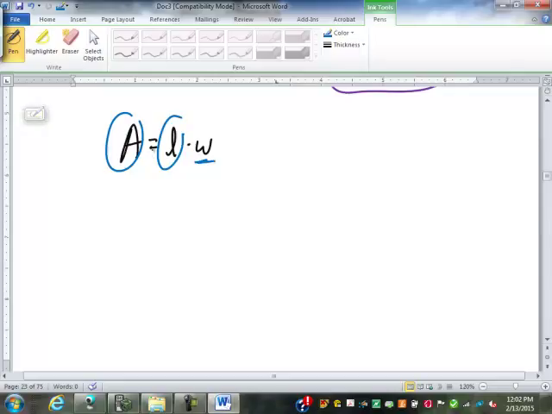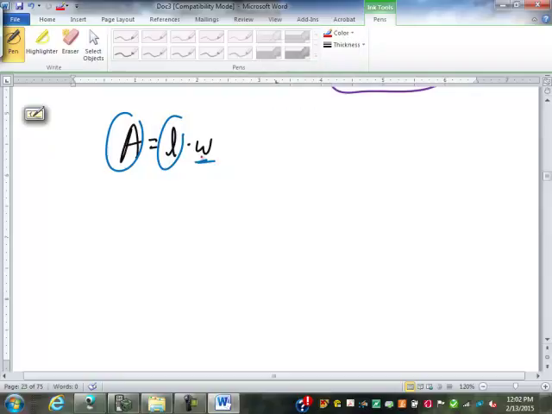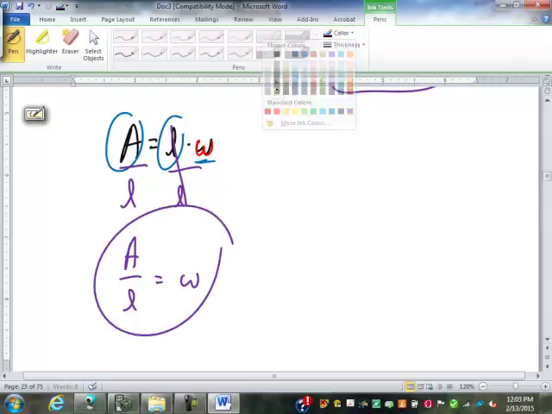So rather than plugging in the numbers and solving the equation, we can rearrange the equation to get w. To get w by itself, we have to get rid of the L by dividing by L. L multiplies w, we divide to get rid of it. A divided by L, of course, is just A divided by L. That's a pretty simple example.